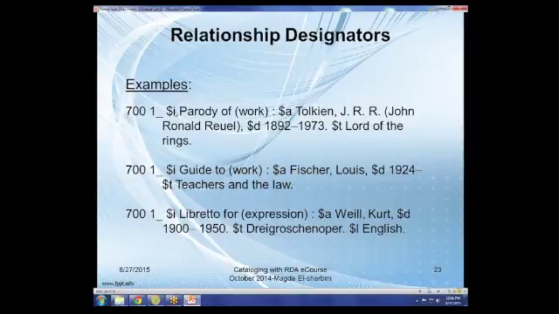Again, the title of the parody would be up in field 245. Okay, 700 Guide to Libretto 4. Libretto, of course, is the lyrics for an opera, and often this is something that is published separately. You have the lyrics to the songs, kind of like the book of the play.